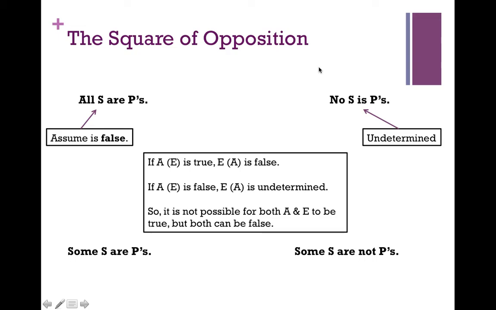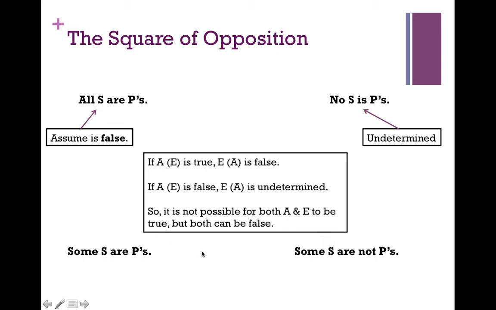And we can also draw a further conclusion from this, and the further conclusion is that it is just not possible for both A and E form propositions to be true. An A form proposition and an E form proposition cannot be true at the same time. If one of them is true, the other is false. However, it is possible for both to be false.